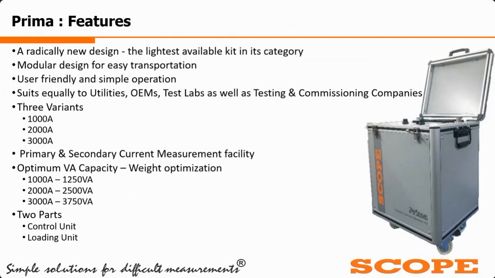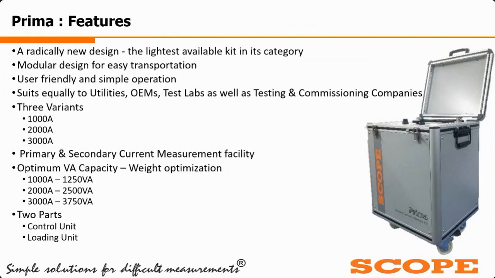This instrument is suitable for utilities, original equipment manufacturers, test labs, as well as testing and commissioning companies. As I said, we have manufactured it in 3 variants, that is 1000 ampere, 2000 ampere, and 3000 ampere. We have provided a facility to measure primary as well as secondary current.